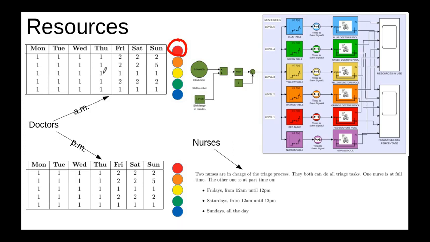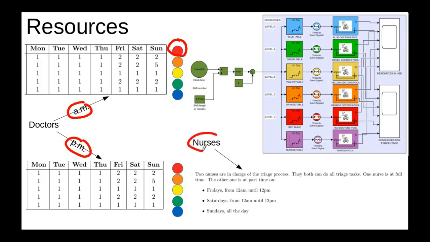Here we have the yellow ones, the green ones, and the blue ones. As you can see, the blue ones and the yellow ones are the small numbers here. The small numbers are in here. Why? You will see later on. This table is for AM shifts, and for PM shifts we have this other table.